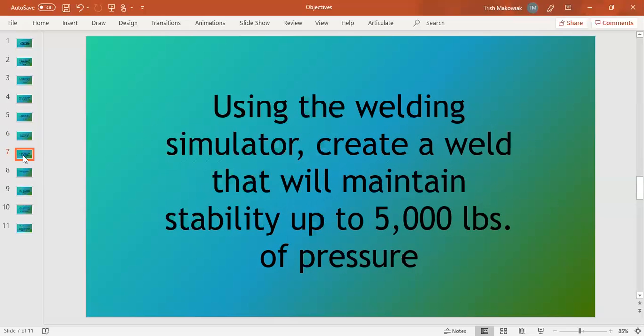So they're going to be using the welding simulator. So that's their condition. Their criterion is that it's going to maintain the stability of up to 5,000 pounds of pressure. And the performance is using that simulator to create that weld. So yes, that would be an objective.